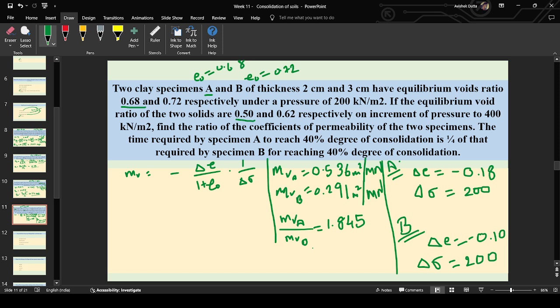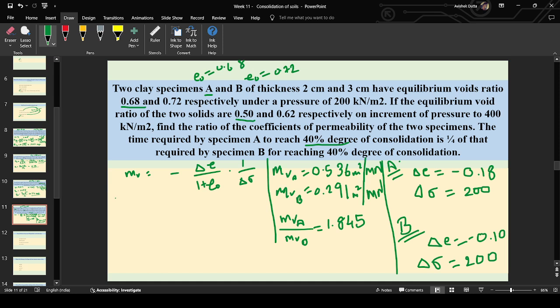Now, for the same degree of consolidation, I have mentioned 40% degree of consolidation in both cases. Now these two specimens, unlike the previous sum, are not the same.